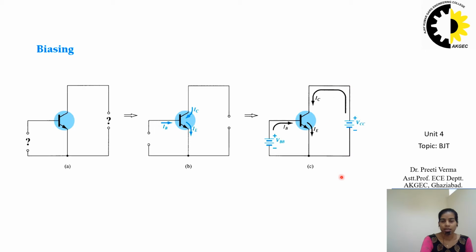And the output, that is the collector side, we need to keep reverse biased if we want to operate the device in active mode. So this has been reverse biased. This biasing configuration is done for the proper operation of the common emitter configuration in active mode of operation. And as we increase the reverse voltage, this active mode operation will reach a saturation level value.